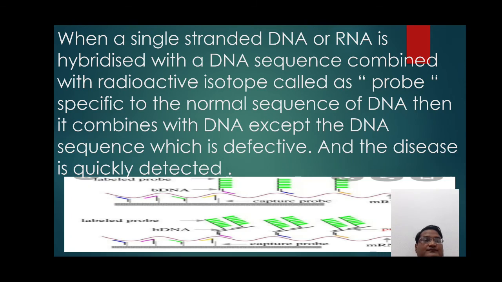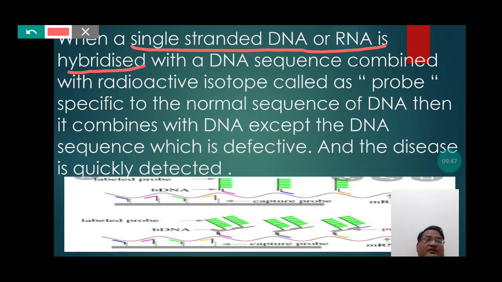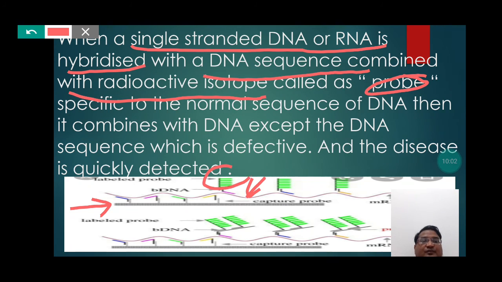So students, a single stranded DNA or RNA is hybridized with a DNA sequence combined with radioactive isotope called a probe. A single stranded DNA which you can see here is further combined with the DNA probe, in which the DNA probe is specific to the normal sequence of the DNA. Then it combines with the DNA except the DNA sequence which is defective.